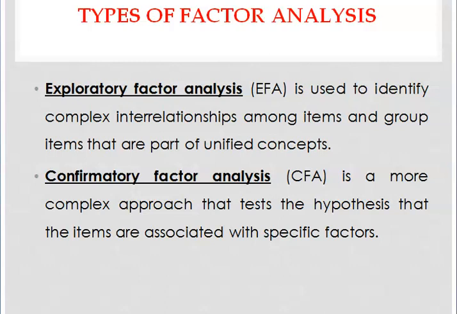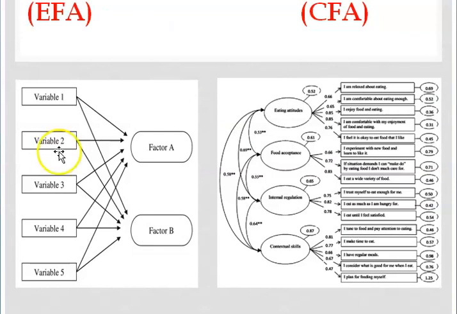It is a more complex approach that tests the hypothesis that the items are associated with specific factors, and it is widely used. Now we'll see the diagrammatic representation: this is exploratory factor analysis and this is confirmatory factor analysis.